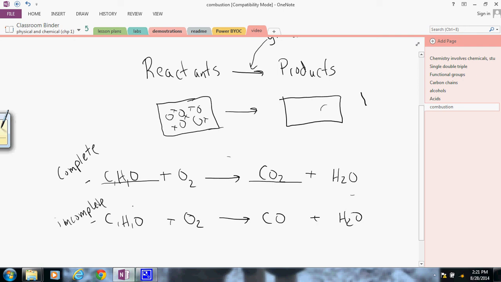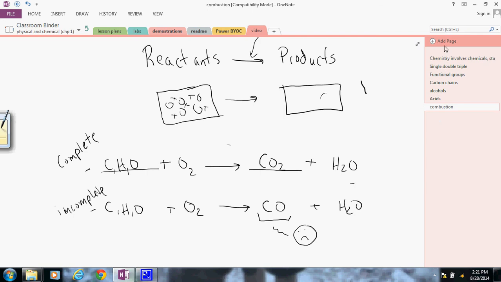There are lots of examples where incomplete combustion takes place, but in your furnace, if your furnace is not functioning properly, some of this could get leaked into your house, and that is bad news for people in the house. So it's quite poisonous. All right, so let's look a little bit further at this combustion reaction.